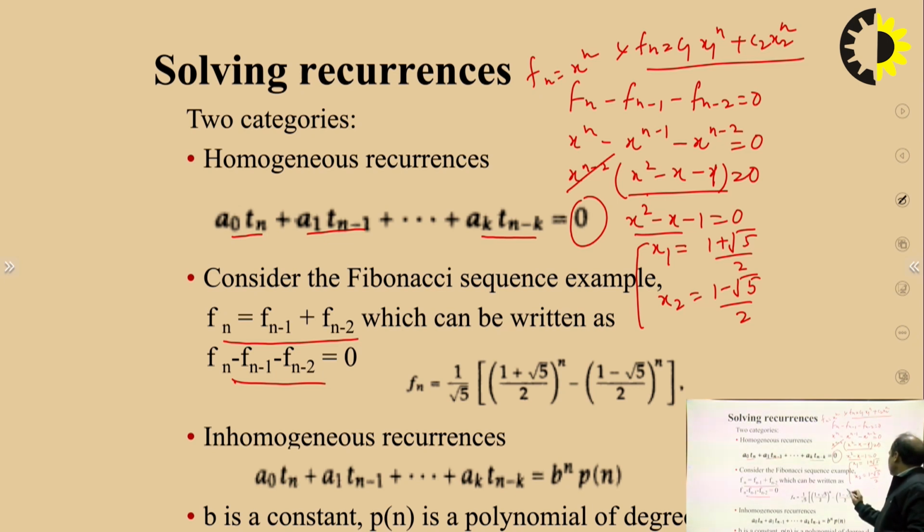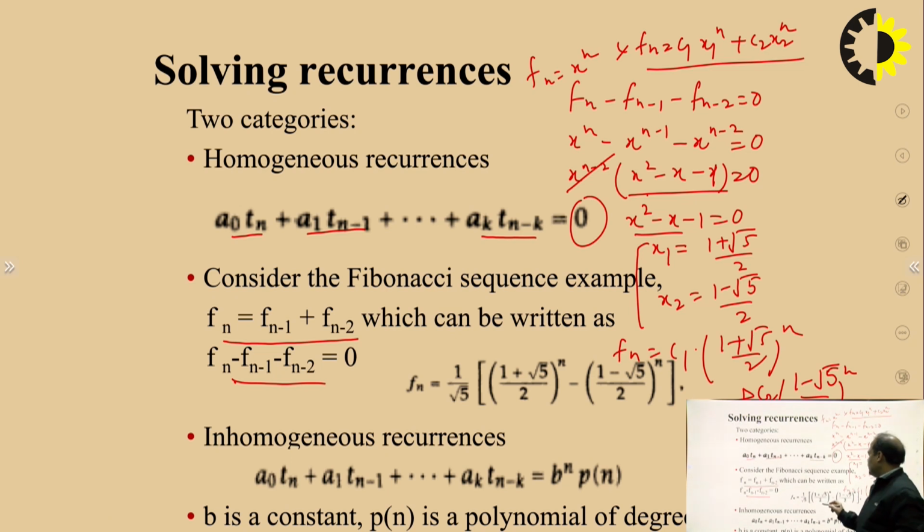So Fn is c1 times 1 plus root 5 by 2 to the power n, plus c2 times 1 minus root 5 by 2 to the power n. With the boundary conditions F0 equal to 0 and F1 equal to 1, we can find the values of c1 and c2.